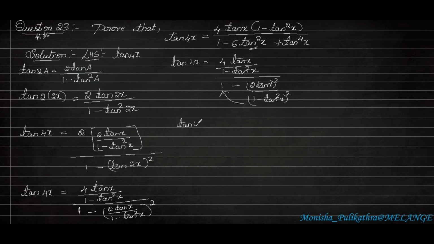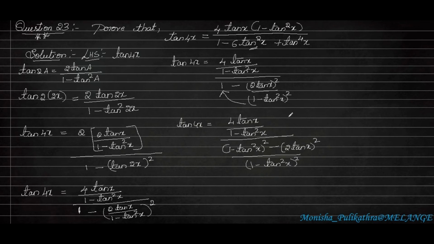So next tan 4x is equal to 4 tan x whole divided by 1 minus tan square x. So when we cross multiply it, so it will come here 1 minus tan square x whole square minus this 2 tan x whole square as it is, whole divided by 1 minus tan square x whole square.